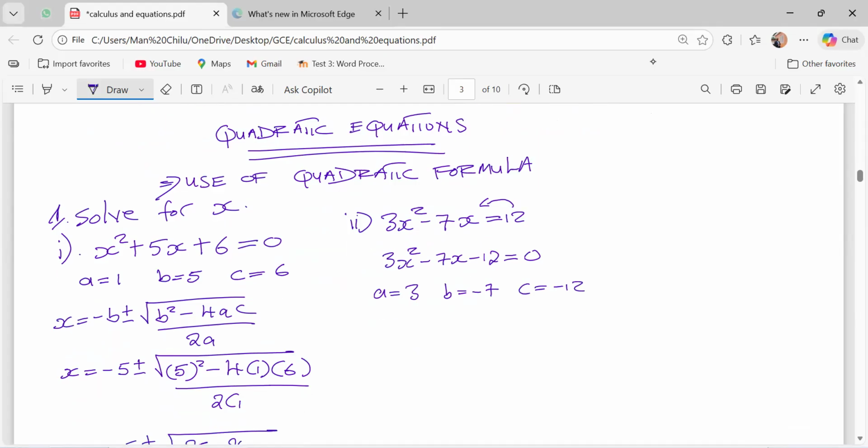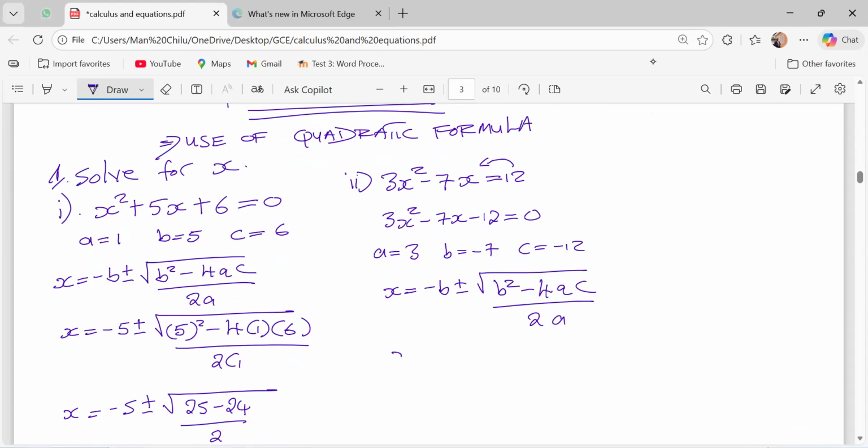So we write the formula x equal to -b, positive or negative, square root of b squared minus 4ac, over 2a. Our x will be equal to negative, the value of b there is -7, positive or negative, square root of -7 squared, minus 4 times a, which is 3, and c, which is -12, over 2 times 3.